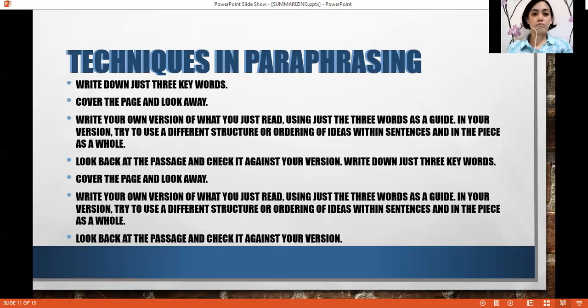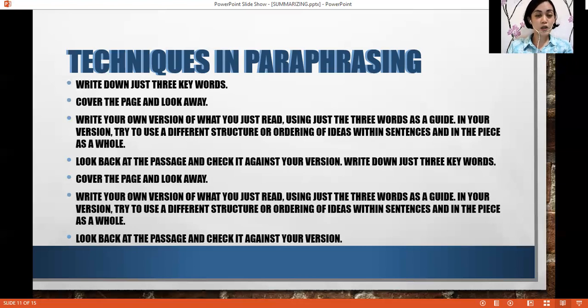And then check your keywords again, if the keywords that you have written are correct. Look back at the passage. So once you have said the passage in your own words, you have to check: did I understand it correctly? Am I saying the right thing? Or maybe I am making a statement which is not based on a research.